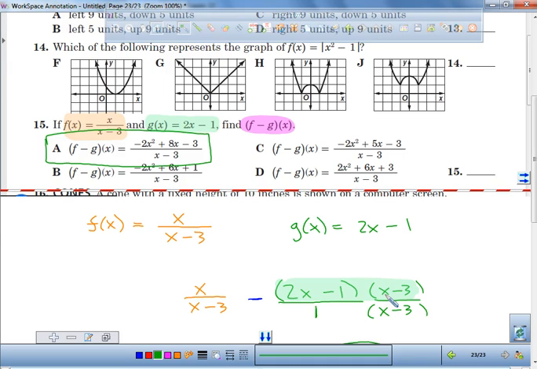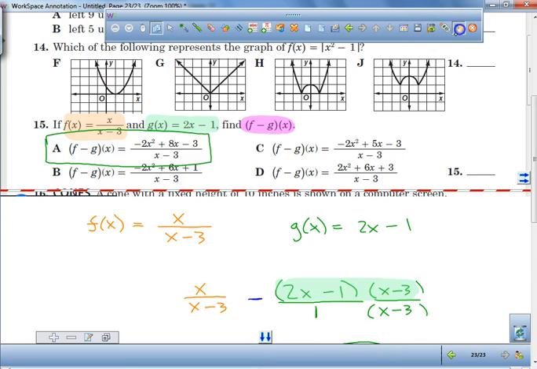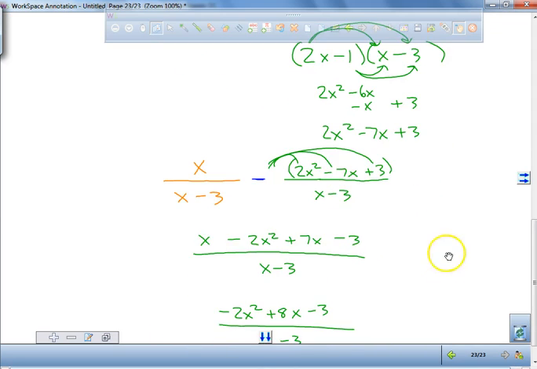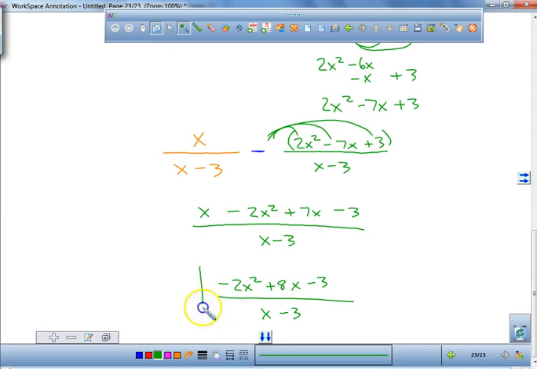Your problem will not be that difficult, but you will have to do some type of operation. It would be a lot easier had I just put x minus 2x minus 1. But right here, this was your final answer. All right, here we go.